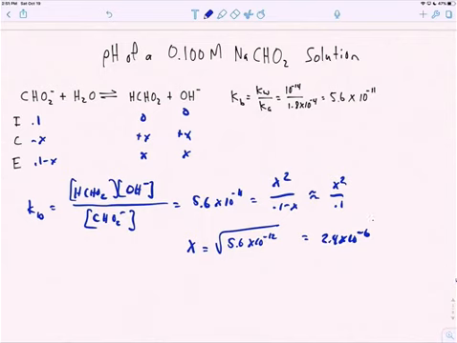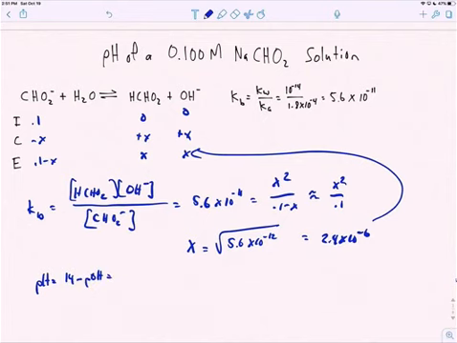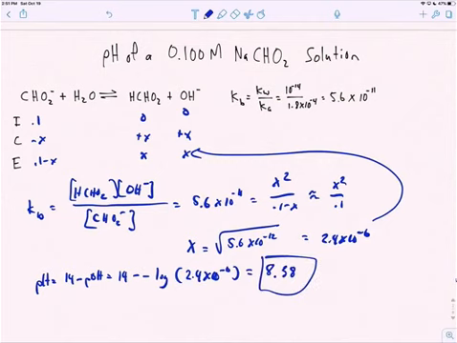Then we plug this back in here. The pH is 14 minus the pOH, equals 14 minus the minus log of 2.4 times 10 to the minus 6, equals 8.38. And there's the answer.